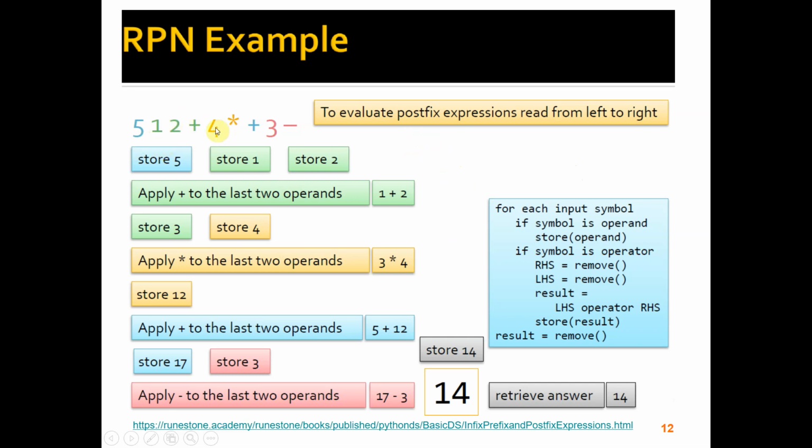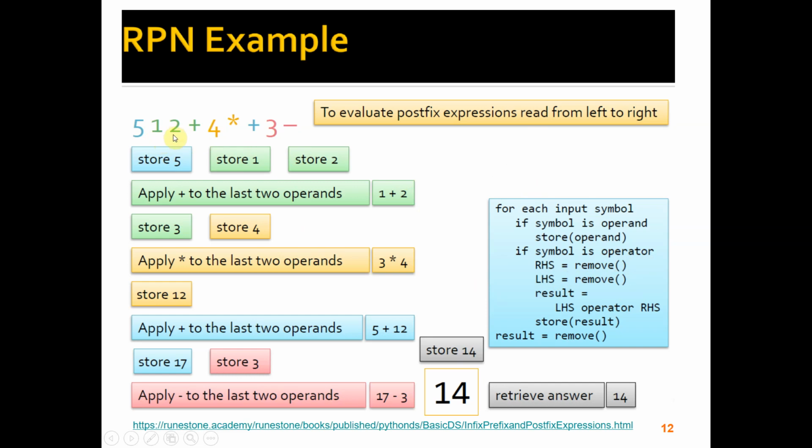The next symbol that we read is an operator. So what happens if the symbol is an operator? We do two pop operations. As you remember, our stack has numbers 5, 1, and 2. We pop 2 and 1.